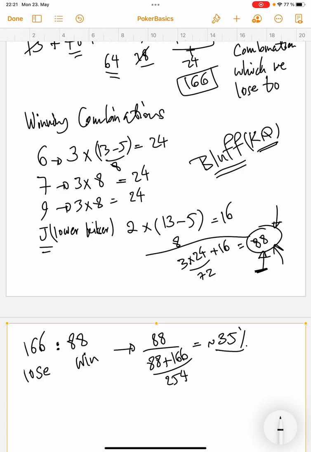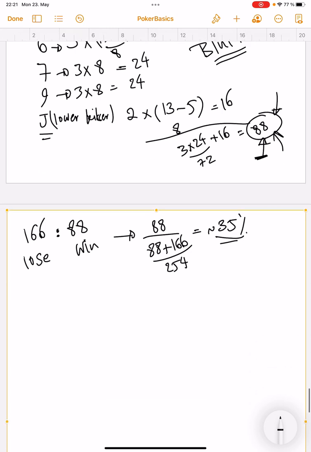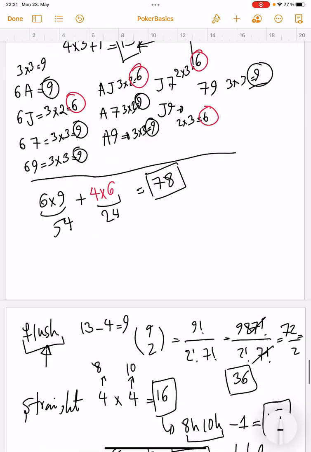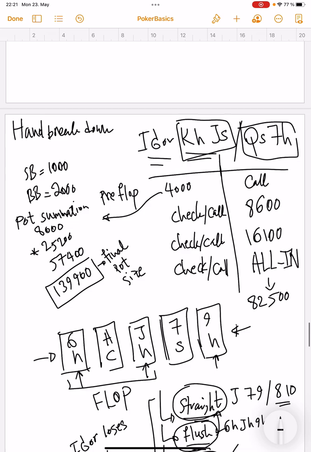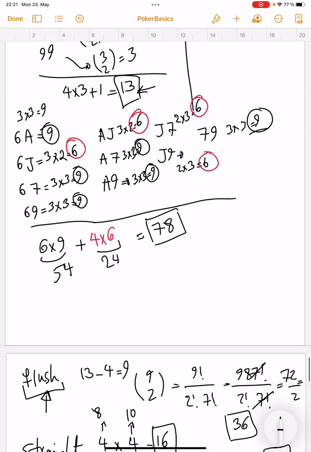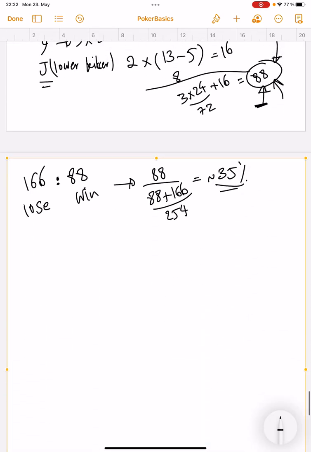So this one is 35%, and in terms of pot odds, you can also calculate that. The amount that we get is 139,900, and the amount that we need to call is 82,500. So this is our risk, and this is our reward.